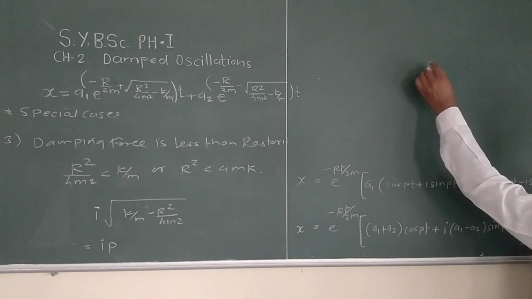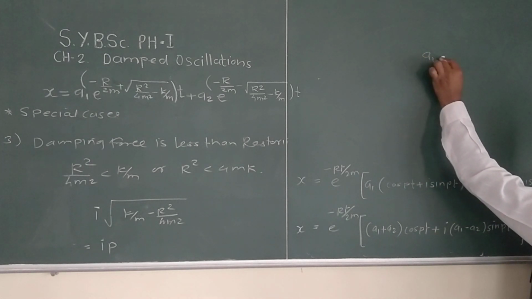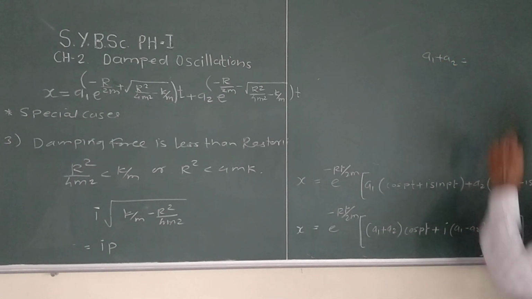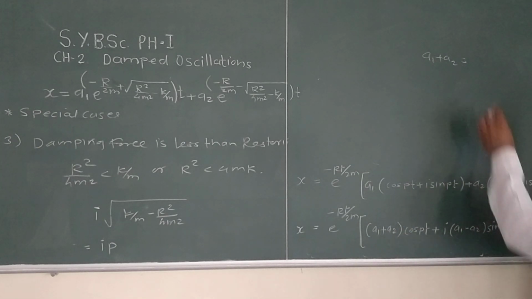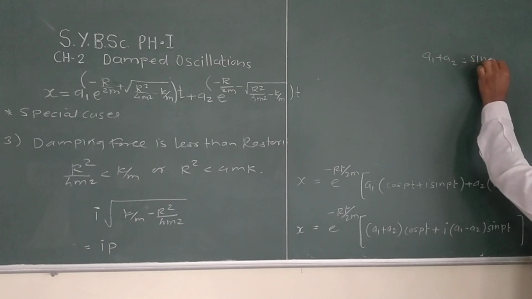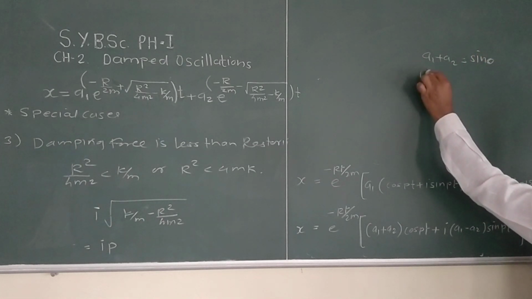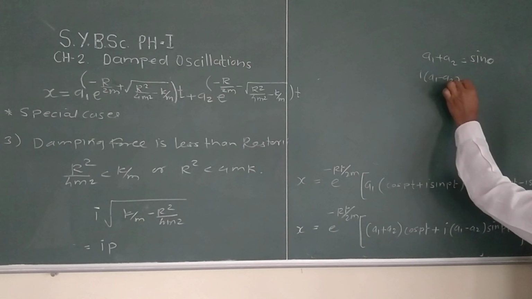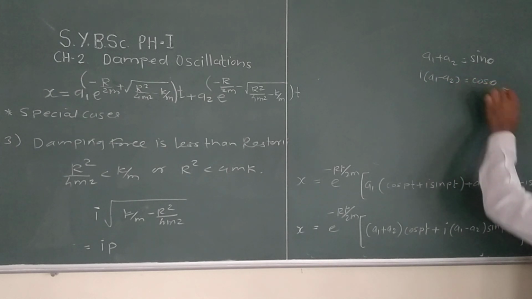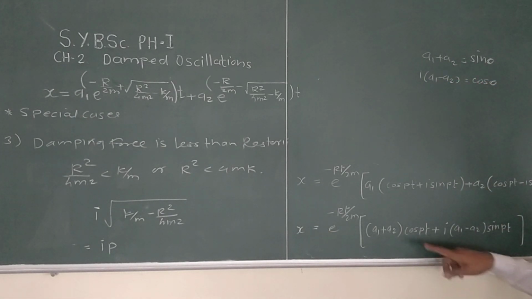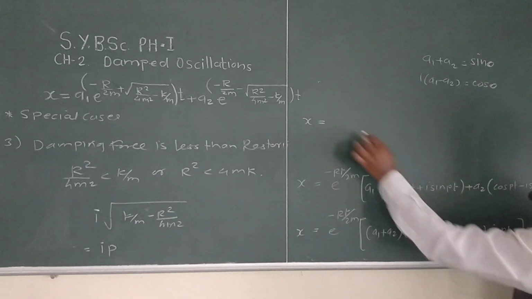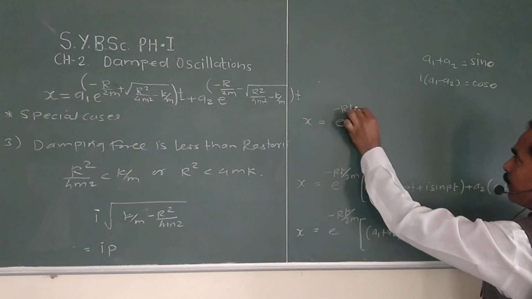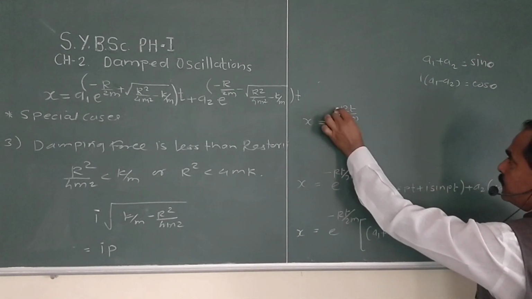Therefore, write here, substituting a1 plus a2 equal to sin theta and I times a1 minus a2 equal to cos theta. Then this equation becomes x equal to e raised to minus rt upon twice m.